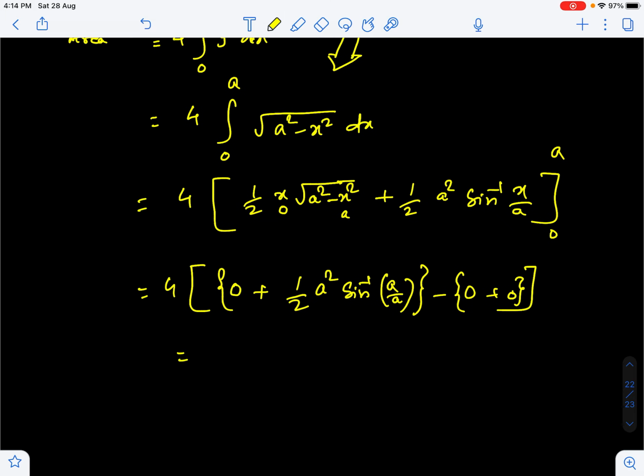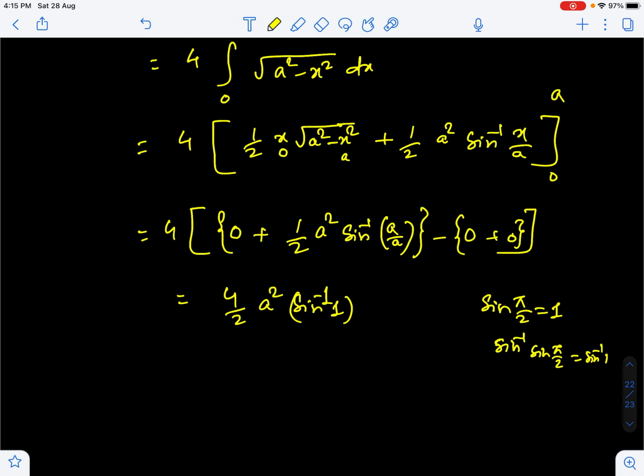So this is nothing but 4 by 2 a square, and sine inverse 1 is nothing but pi by 2, because you know sine pi by 2 is equal to 1, taking inverse on both sides. So sine inverse of sine pi by 2 is equal to sine inverse 1. So sine inverse 1 is pi by 2.